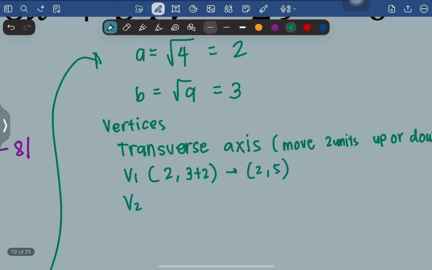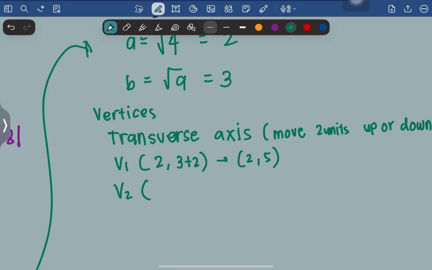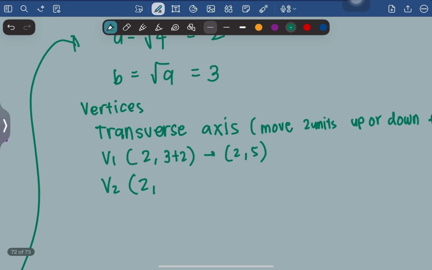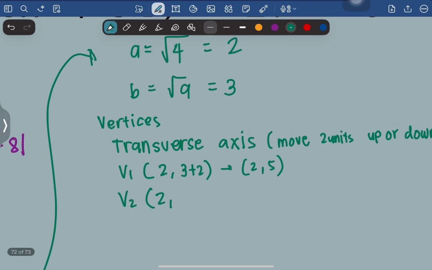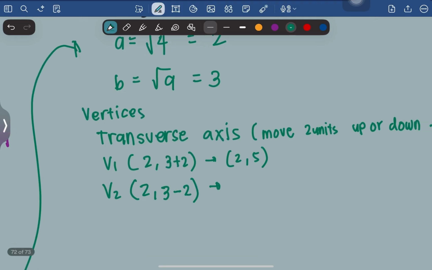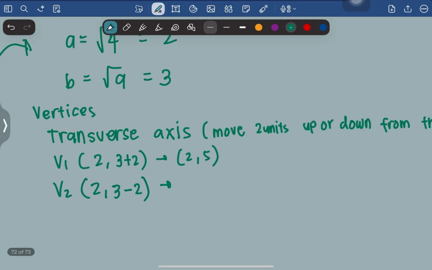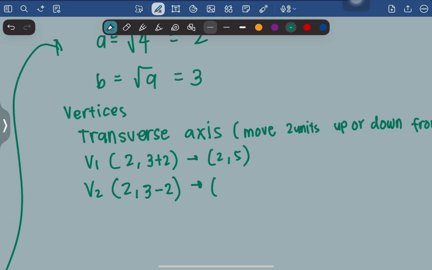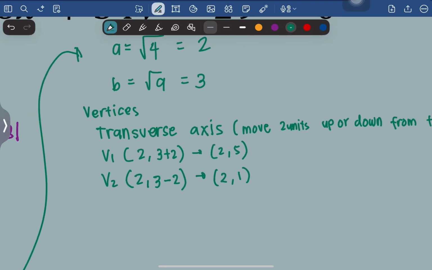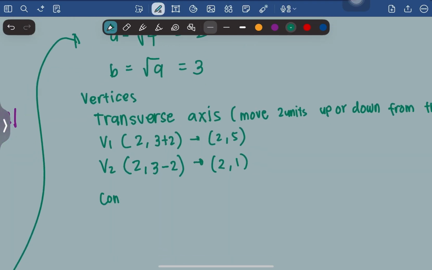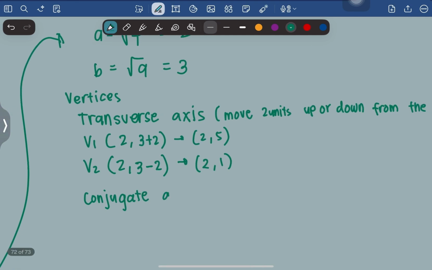Then, another vertex ng hyperbola. 2, 3. Then, subtract 2. Kasi you need to move downward para naman sa isang vertex. So, 2, 1.